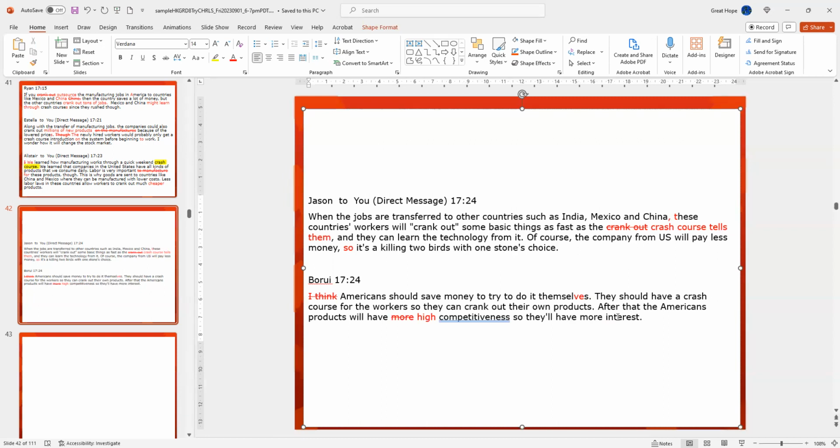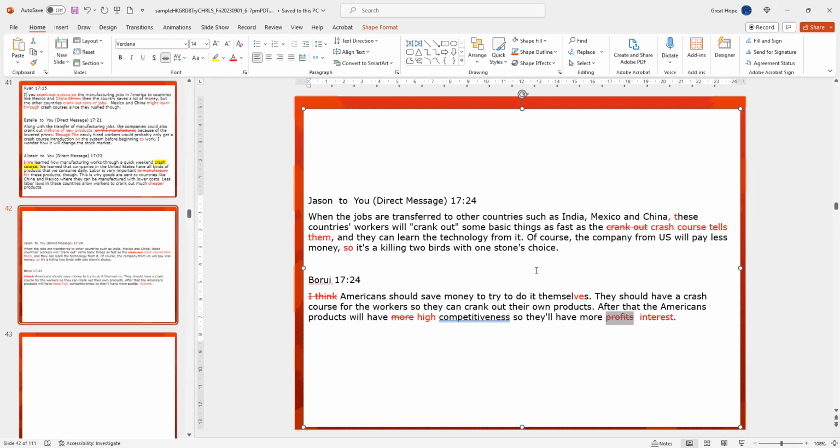Actually, it's not best to use "interest". You can say profit. So if you have more profit, they have more profits. That will sound really, really good. Have more profits.